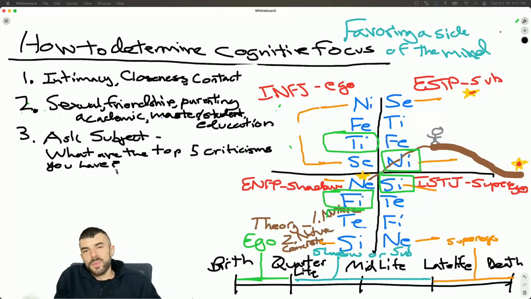You ask them this. Then you ask them, what are the top 5 things you like about the other person? And then you ask the subject, okay, what are the top 5 criticisms that person would have of you? And then what are the top 5 things that that person would like about you?